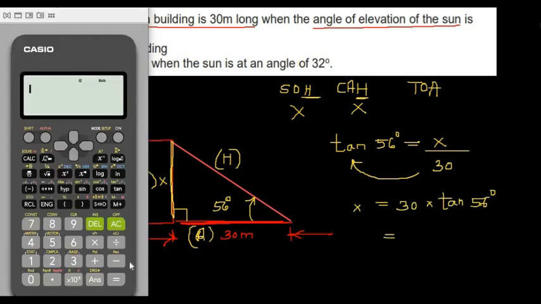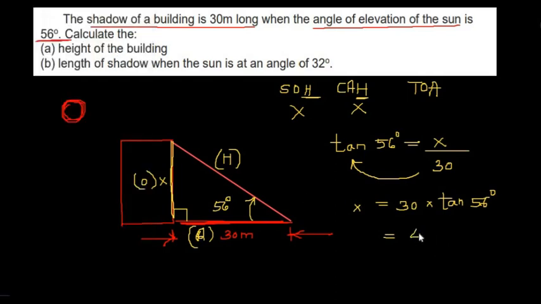So here we have 30 multiplied with tan of 56 degrees. So we get here the answer as 44.47. So we can round it off as 44.5 meters. This is the height of the building.